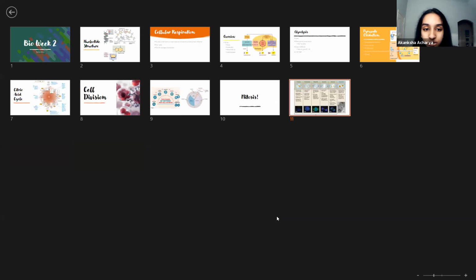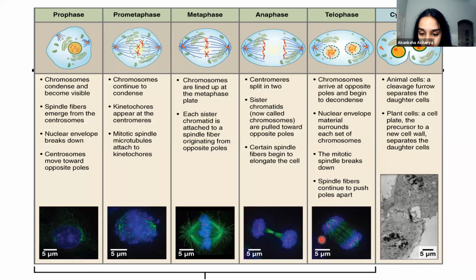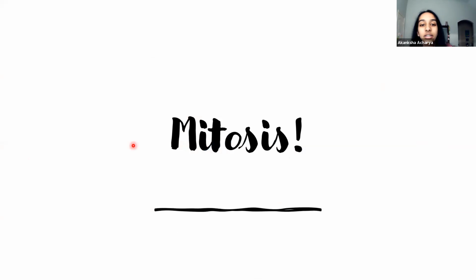Let me draw. This is not a good page to draw on. Let's go back. This is a nice clean slate. Okay, this is a chromosome.